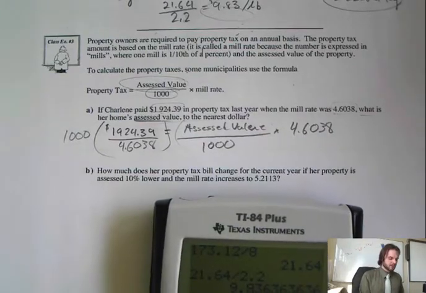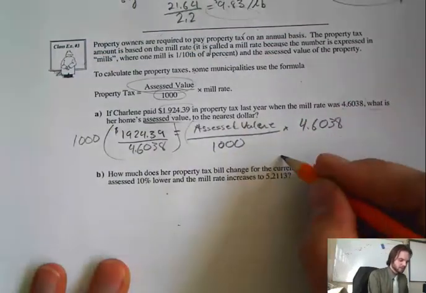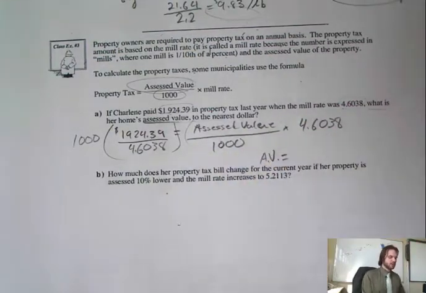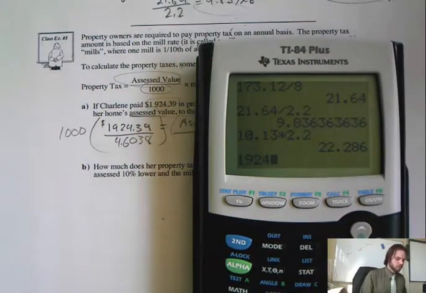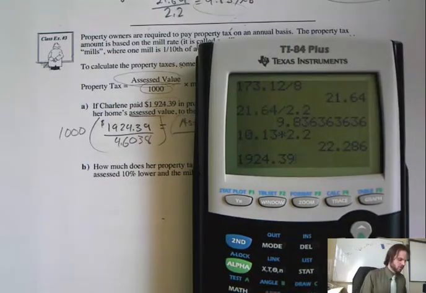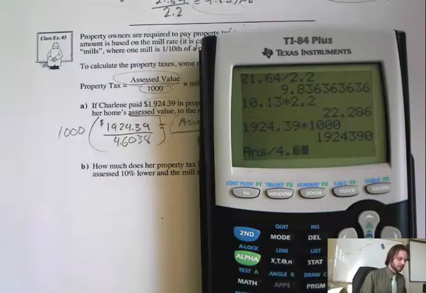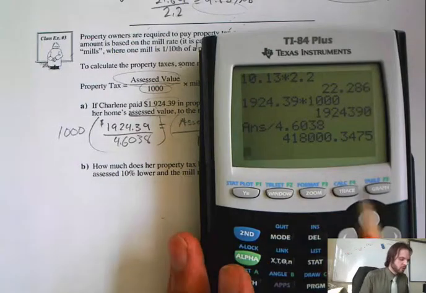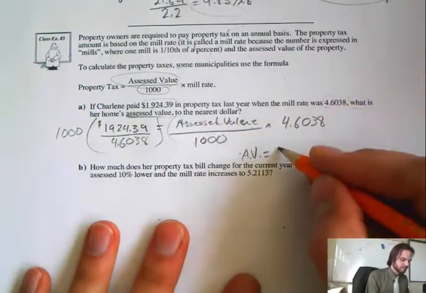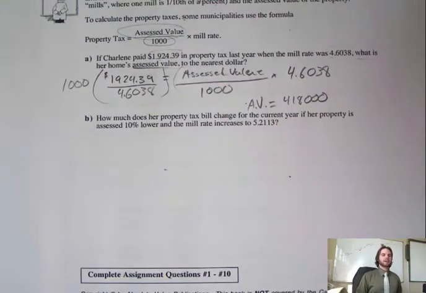So once I do that, I'm going to end up getting, I'm just going to put assessed value is equal to, so I have 1924.39, and I'm going to multiply that by 1,000, enter, then I'm going to divide that by 4.6038, and that's going to give me $418,000. So that's a very expensive house at $418,000.